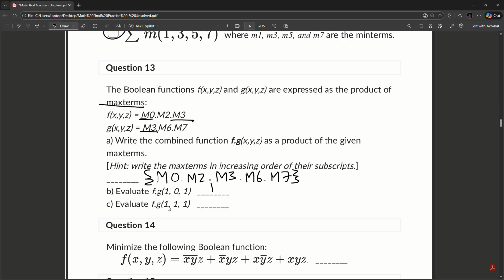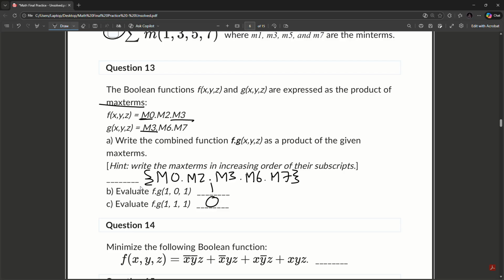And then evaluate FG111. So it's saying, is it there? And you're saying, no, it is not there. It's confusing, really. But the best way for me to say it is that if it is inside the set, put a zero. If it is not inside the set, put a one.